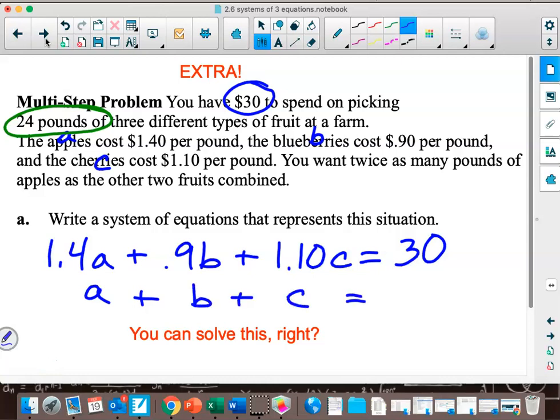C. What's the total? 24. All right, I have 2 equations, but I have 3 unknowns. How many equations do I need? 3. Any other information given? Twice as many as the other 2 fruits combined.